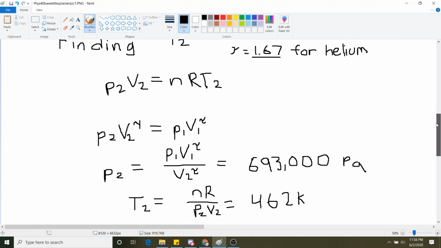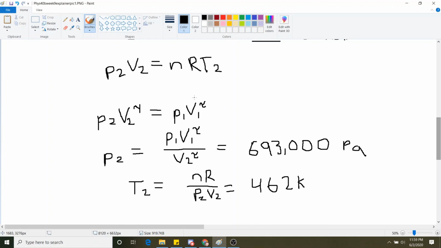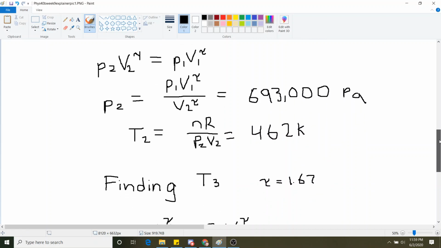And if we just rearrange this equation so that we can get the pressure of the first point multiplied by the volume of the first point to the constant over the volume of the second point to the constant power, then we can get 693,000 pascals. And then we plug it into the ideal gas equation and solve for T2, which is going to yield 462 kelvins.